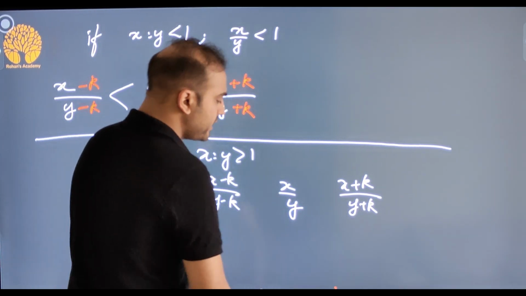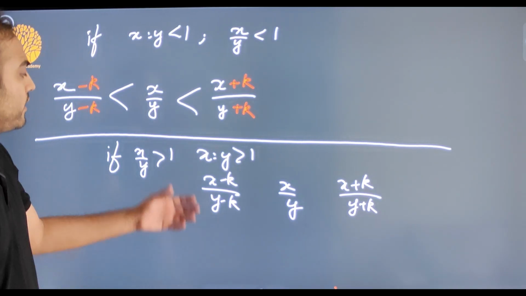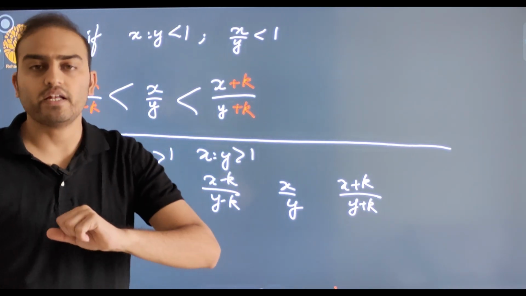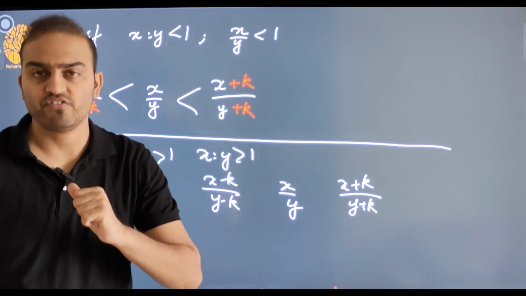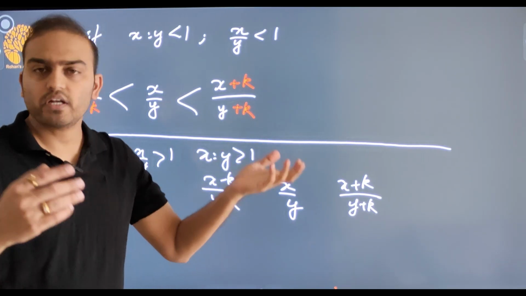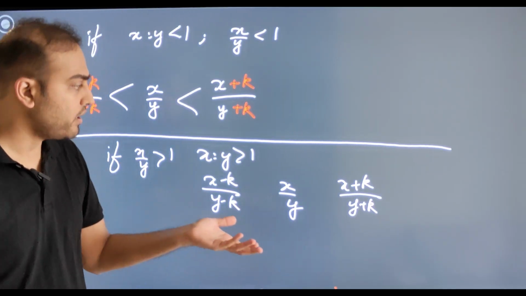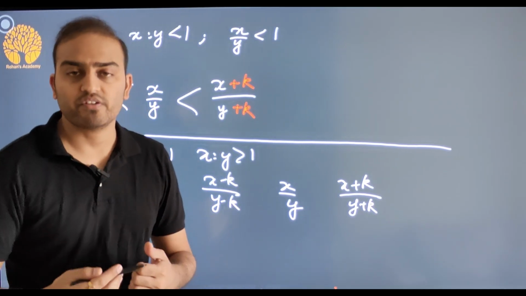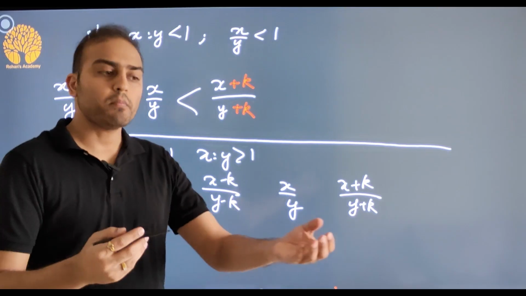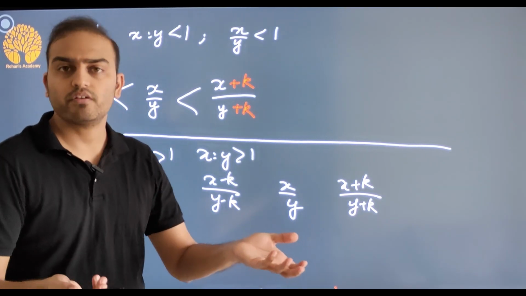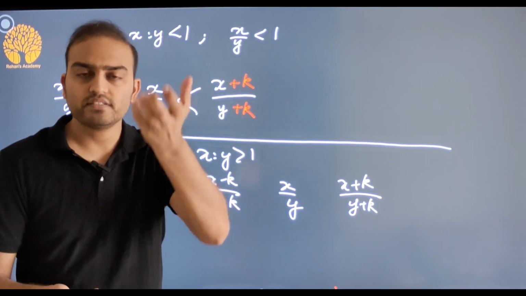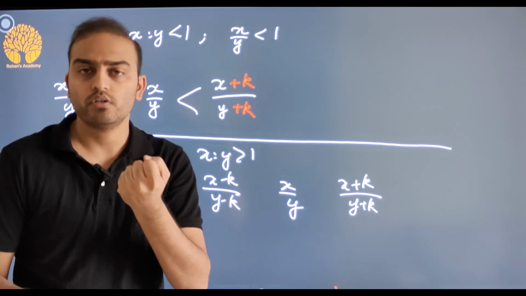If the concentration is already more than 100%, say something at 140%, think of it like stocks. I'm assuming some of you do stocks these days. If your stock is already 140% up, and then you buy some more at a lower price, what happens? Your percentage comes down, correct?